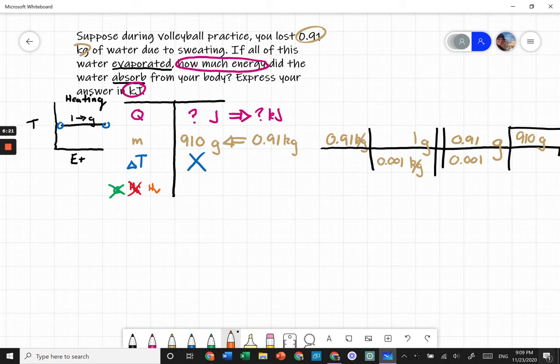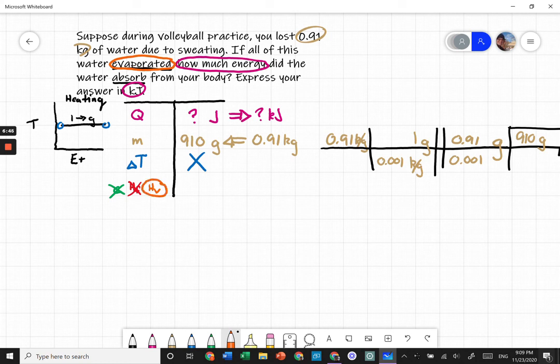Heat of vaporization, we're looking for the keywords vaporize, evaporate, boil, or condense, or anything that goes from a liquid to gas or gas to a liquid. Look, if all of this water evaporated, that's one of those keywords, evaporate. That means we're definitely going to be using our HV.